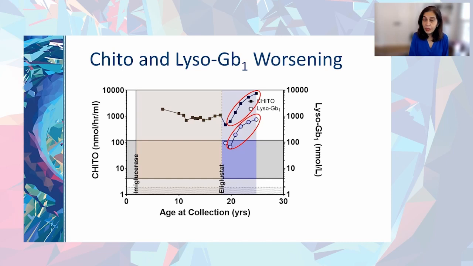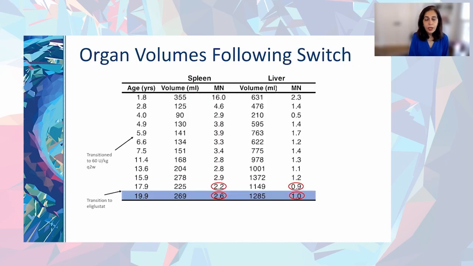increased quite significantly. Now, when I was looking at his organ volumes, there was a slight change since his transition to eliglustat. It had now gone up, the spleen volume, to 2.6 times the multiples of norm, and the liver volume was actually still holding quite steady.